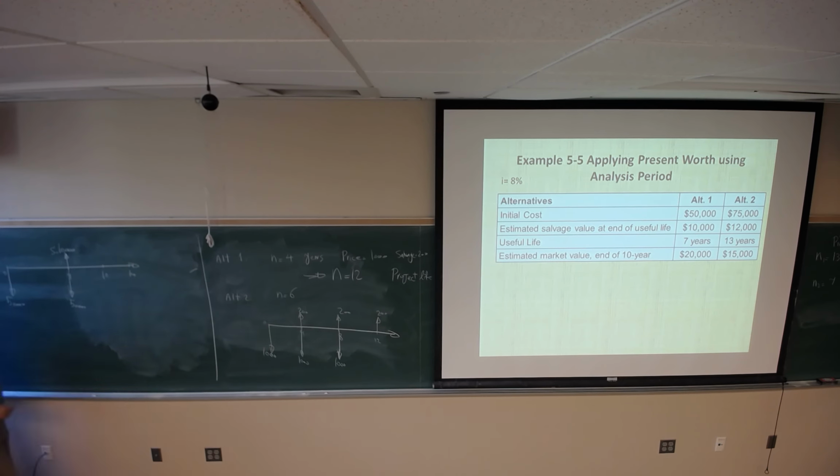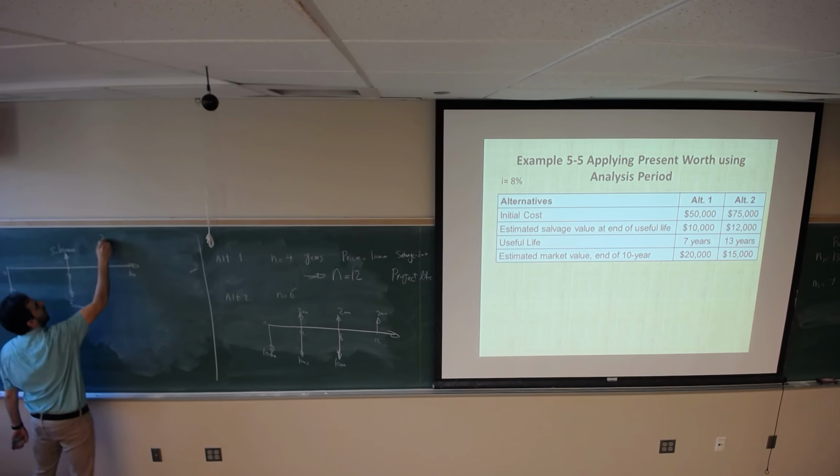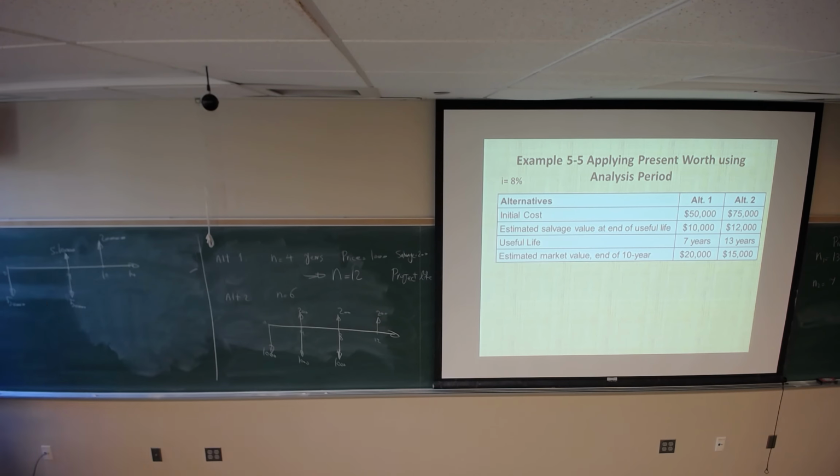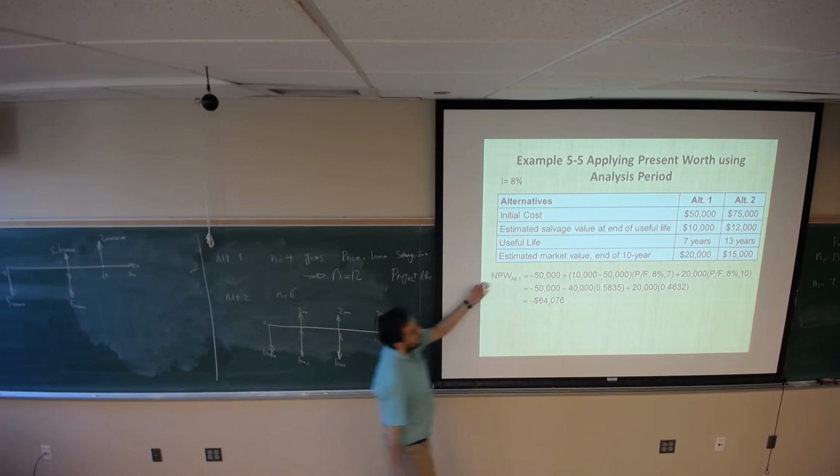After 3 years, you can sell it at the price of 20,000. So this is the cash flow diagram for this.